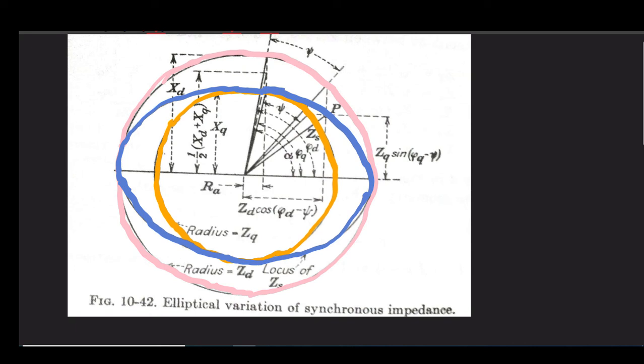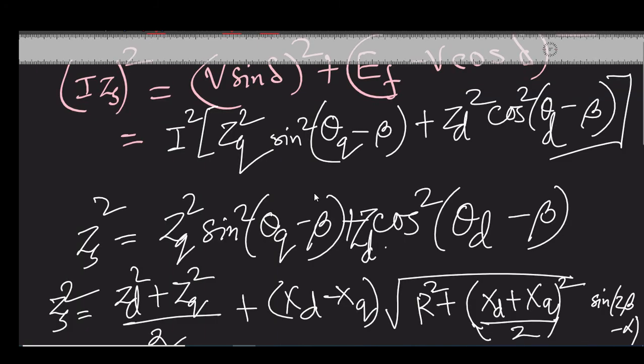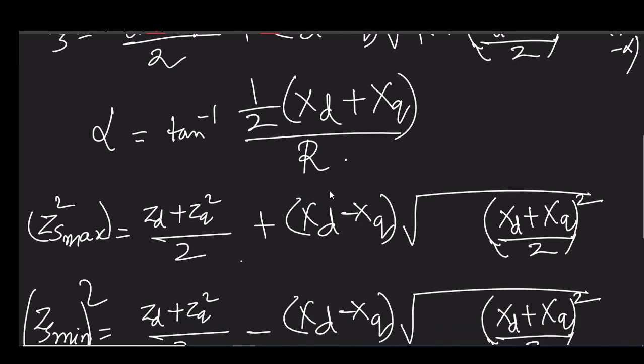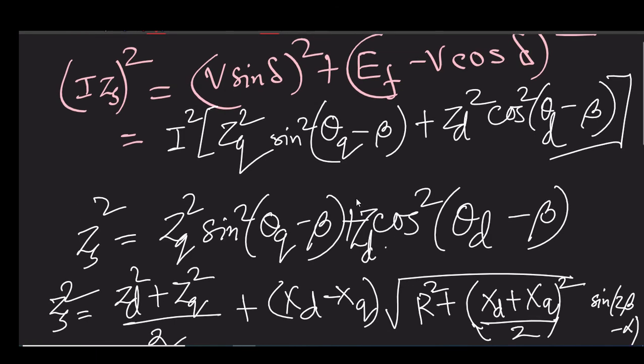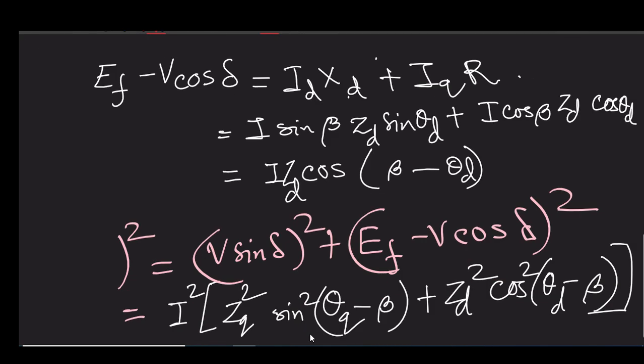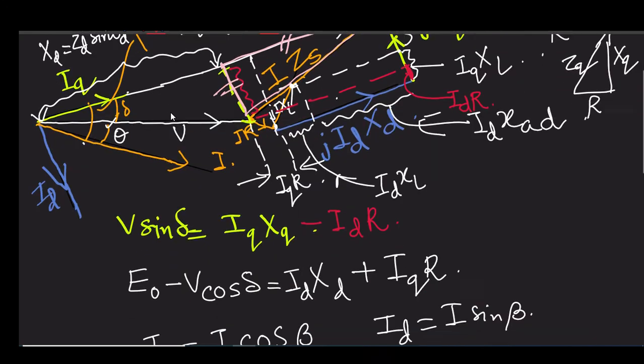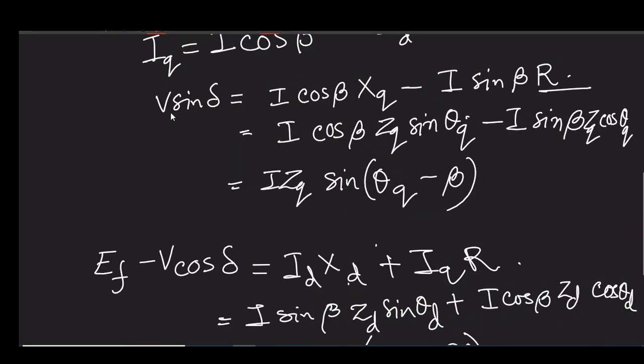If we go back to our earlier equations, things will become clearer. What is ZS? ZS is whatever terms are involved in the ZS equation. One is this part, another one is this one.